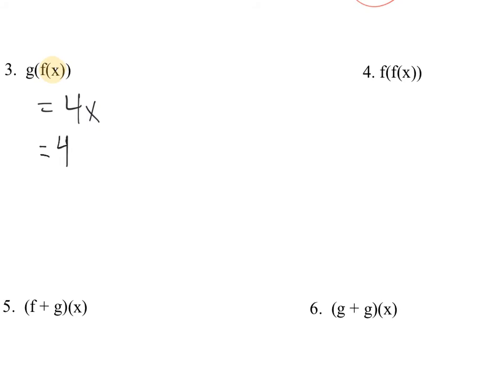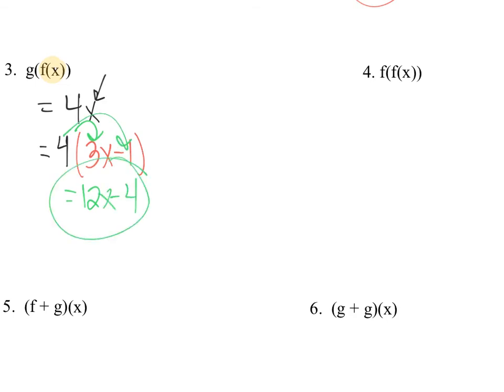So every time I see an x, I am plugging in f of x. F of x is 3x minus 1. What's my next step? Good, to distribute. What's 4 times 3x? Thank you. And what's 4 times negative 1? Thank you. That should be my answer.